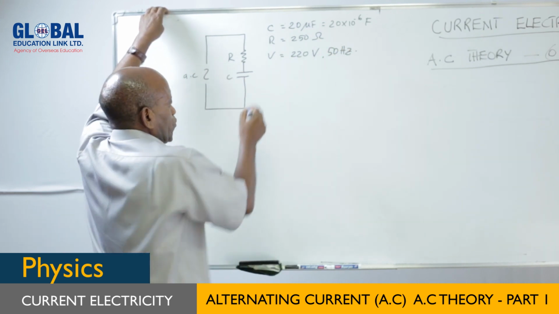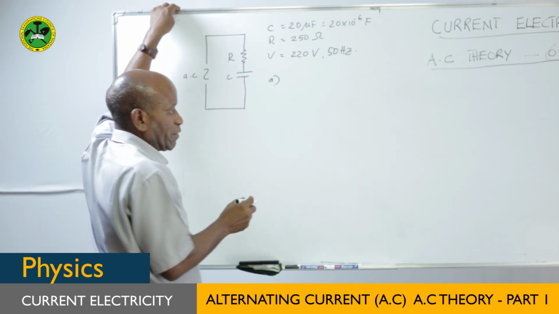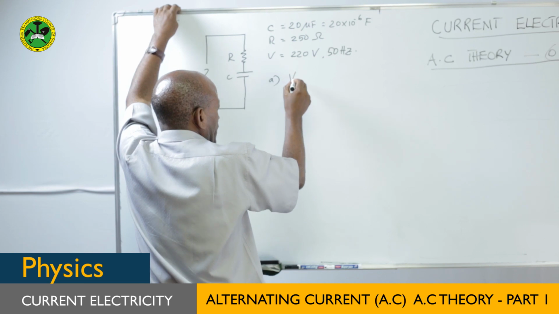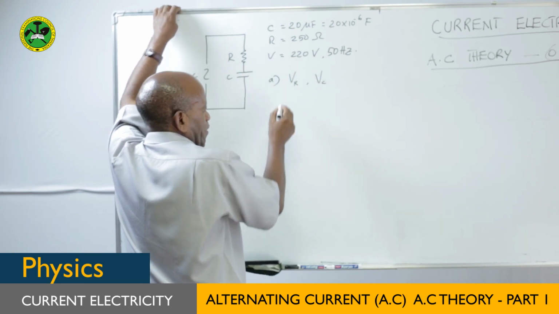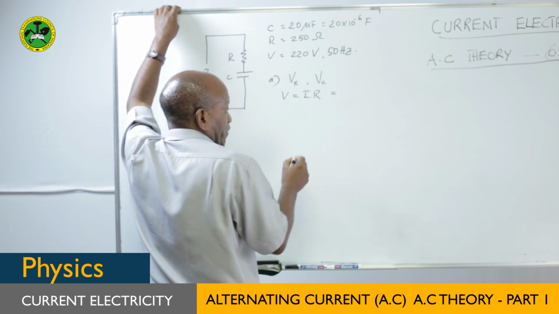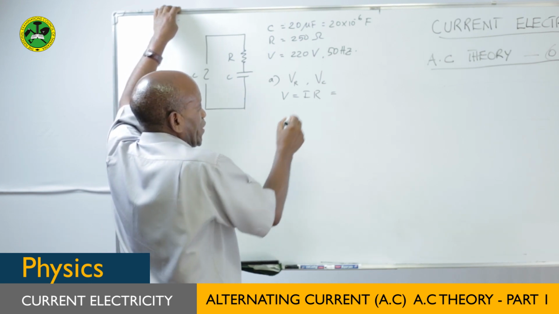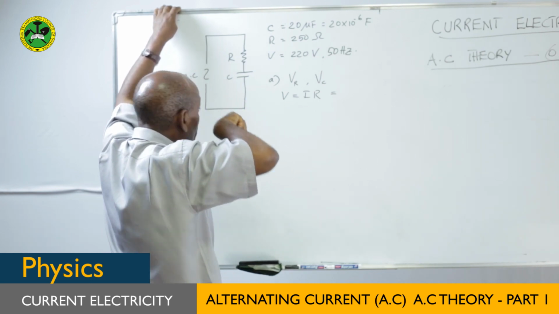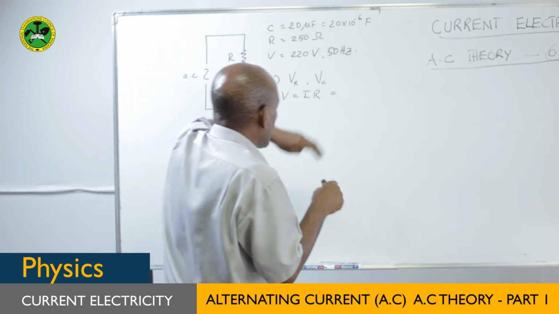So we go to part A, the voltage across the resistor and the voltage across the capacitor. First of all, the voltage across a resistor is just equal to IR, and we can determine this.